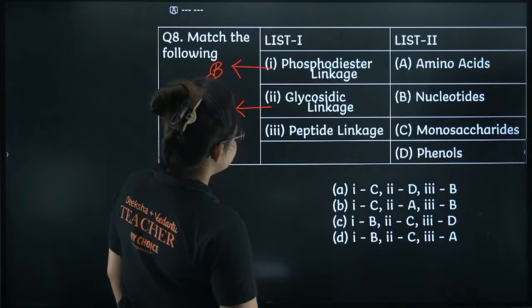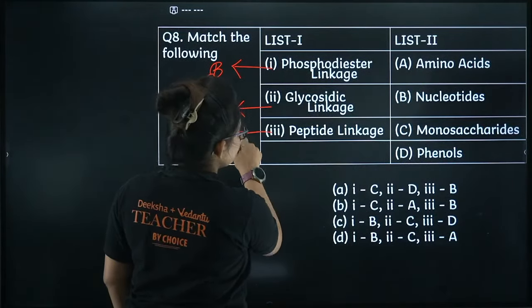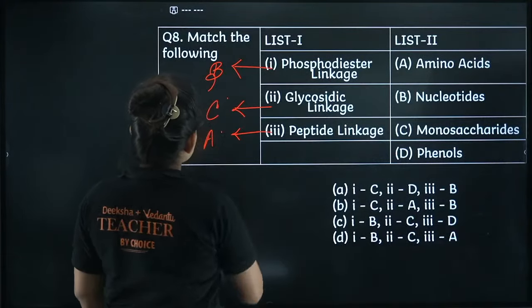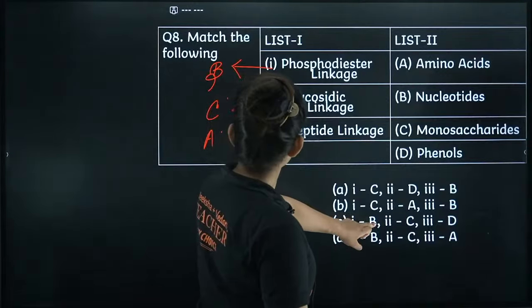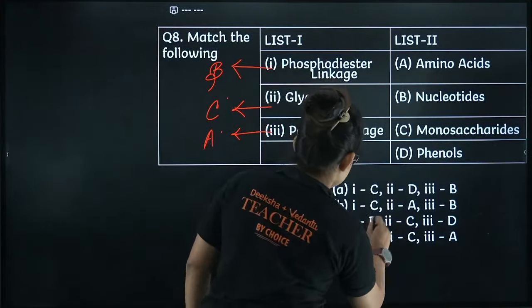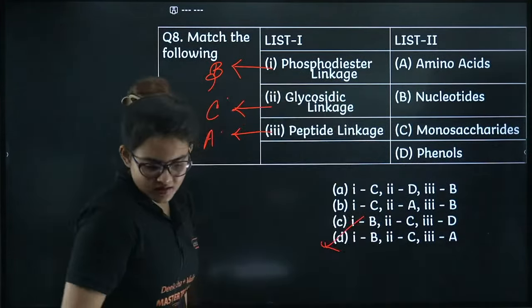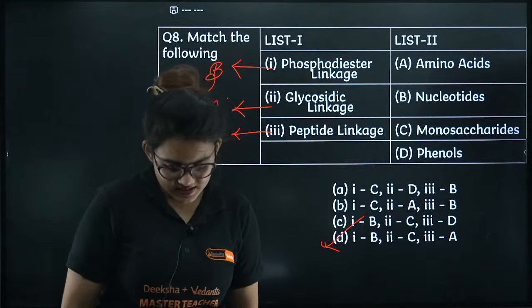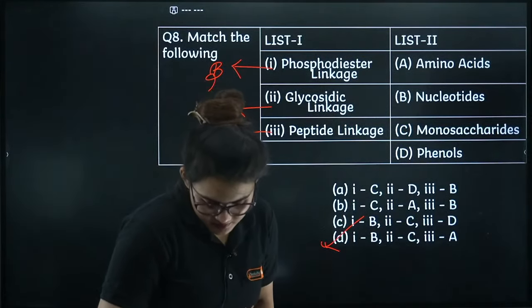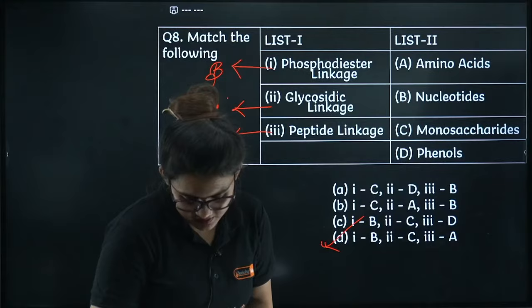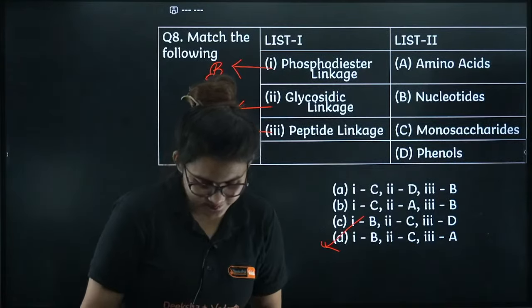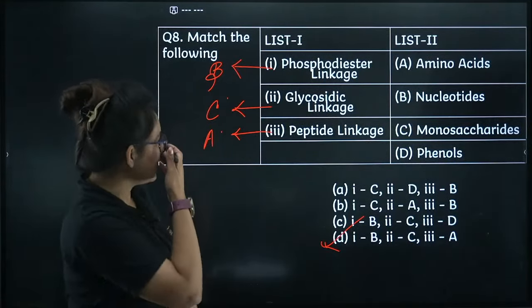Then the peptide linkage is for the amino acid, that is option A. Okay, so your answer is going to be B, C, A, option D. I guess it's correct. I can see someone is giving the correct answer and also responding. It's very good. Preparation is nice. Yes, let's proceed.